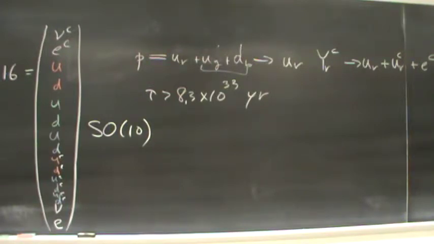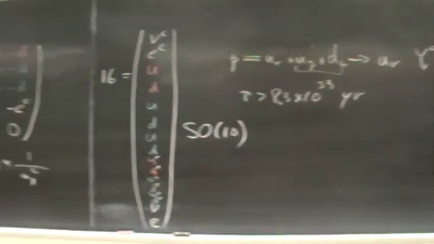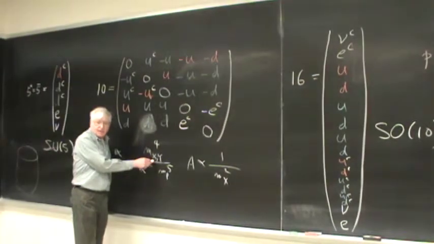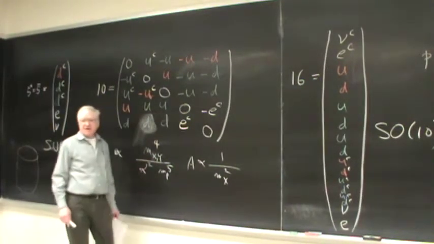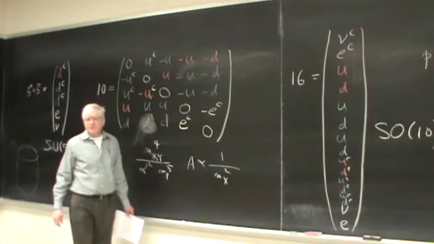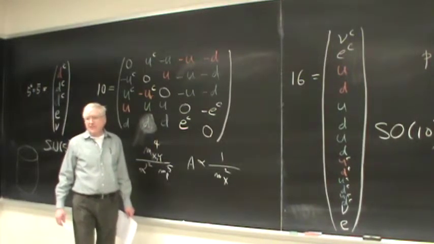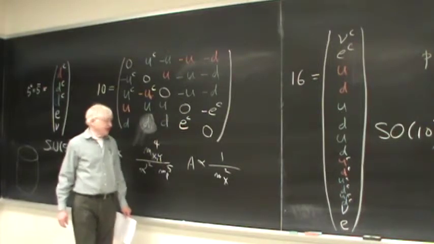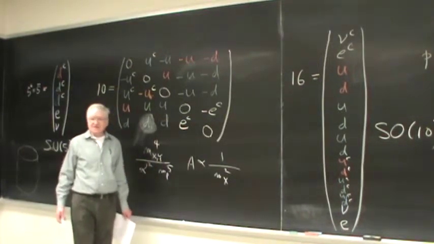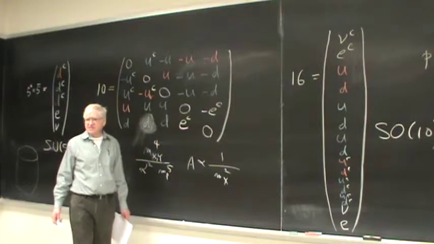Let's see, what do I want to say now? On the other hand, this lifetime goes as the fourth power of the mass of these gauge bosons. So you double the gauge boson mass, you get a factor of 16. You make the mass of the gauge boson 4 times heavier, then you get a factor of 16 times 16, which is, I think, 256 or something like that.